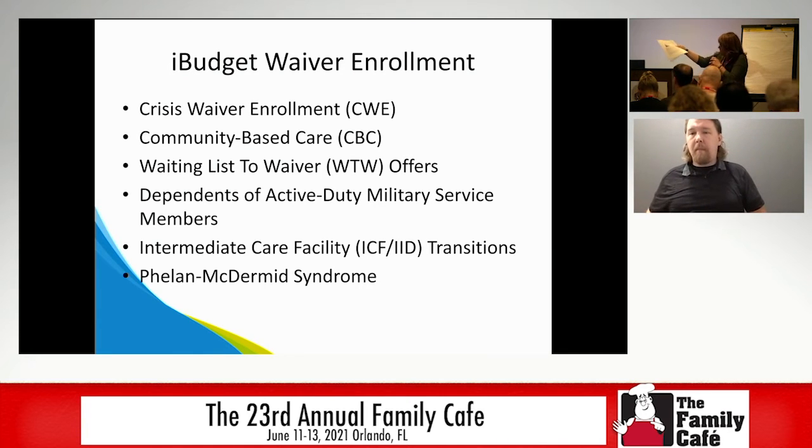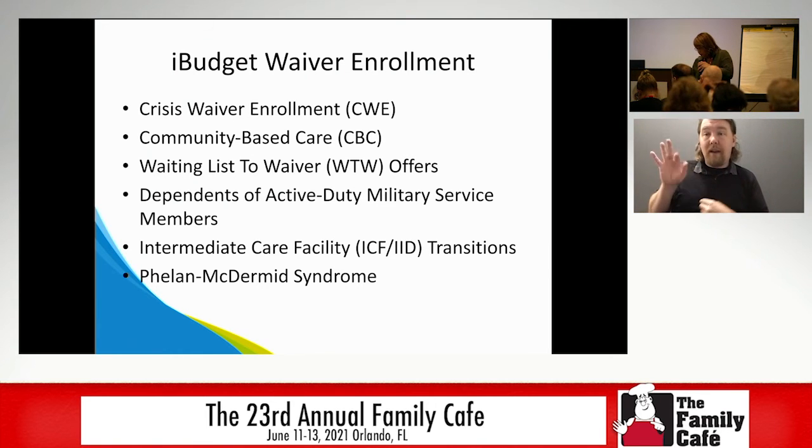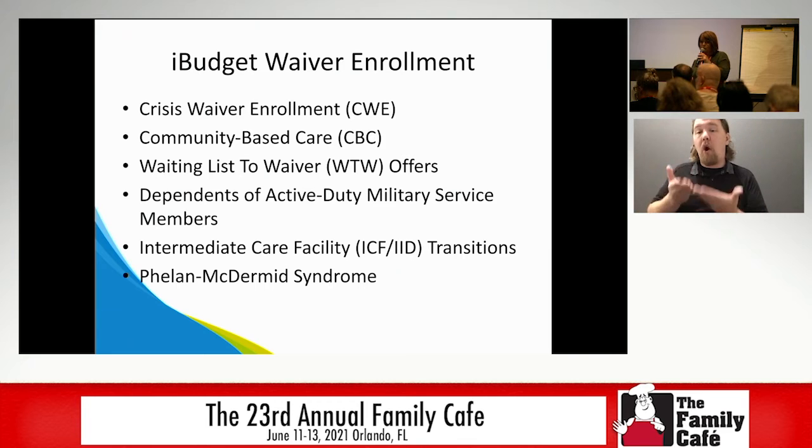And what I wanted to mention about the waiting list to waiver offers, so you do know that this year we received $95 million to transition individuals from the waiting list on categories 3, 4, and 5 onto the waiver. And we're currently preparing to send out offers. Those offers are going to go out on a monthly basis.